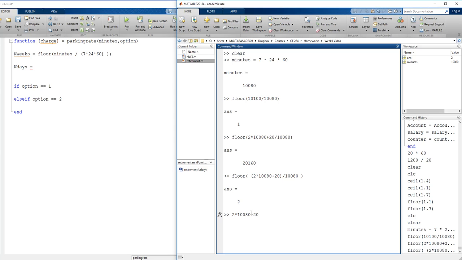This was the number of minutes that I had. Minus number of weeks is what? 2. So 2 times, and number of minutes in each week is what? 10,080.